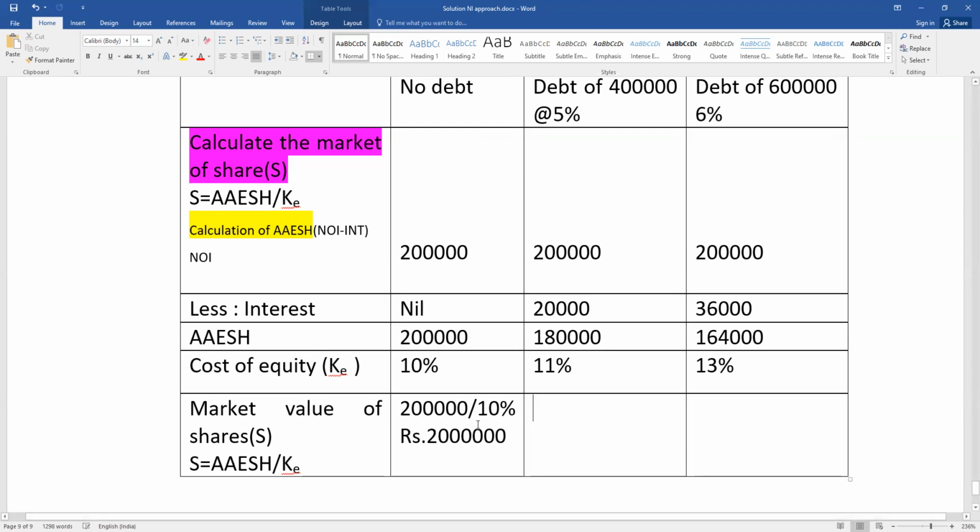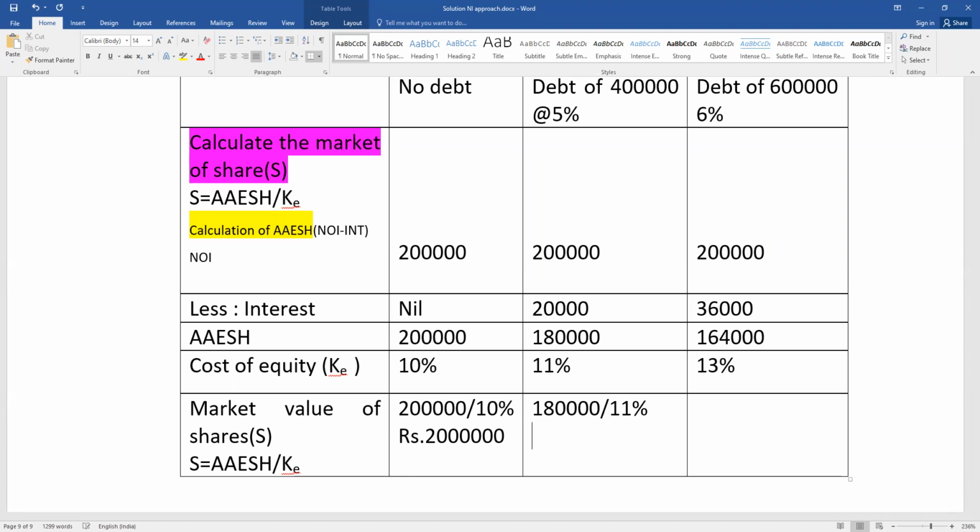In the second scenario, you have 1,80,000 divided by 11%, which is equal to rupees 16 lakh 36,363.